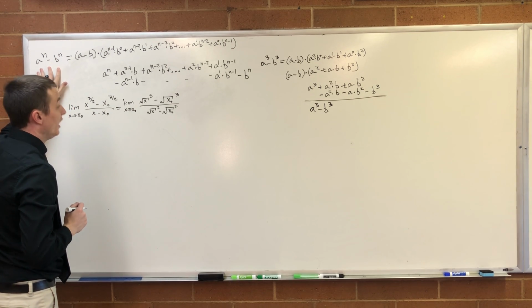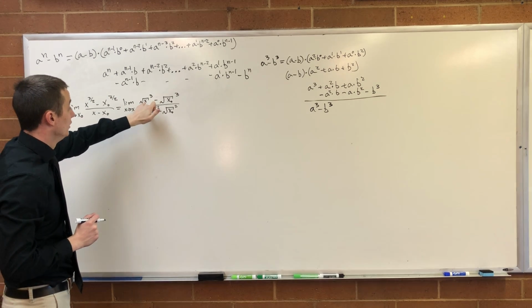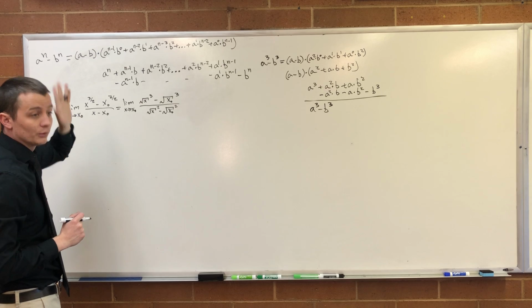And so I can factor a minus b, or in this case, square root of x minus the square root of x naught, out of both these terms.